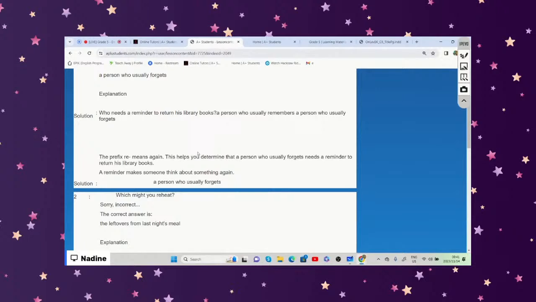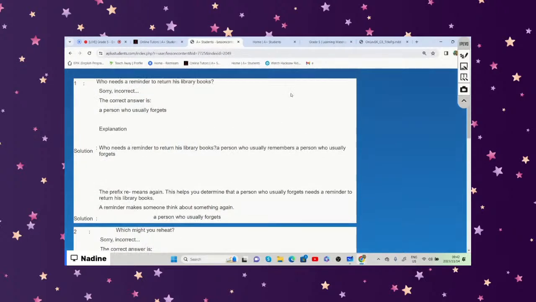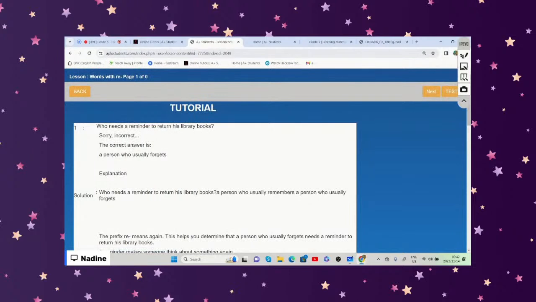And this helps to determine that the person who usually forgets needs a reminder to return his library books, for example. A reminder makes someone think about something again. And it asks who needs a reminder to return his library books?